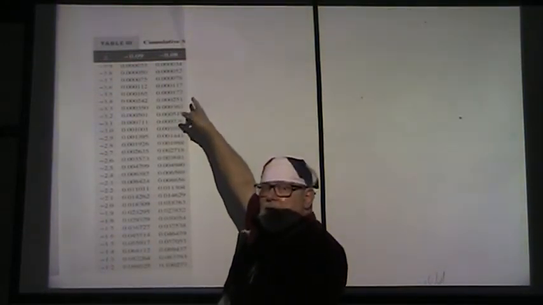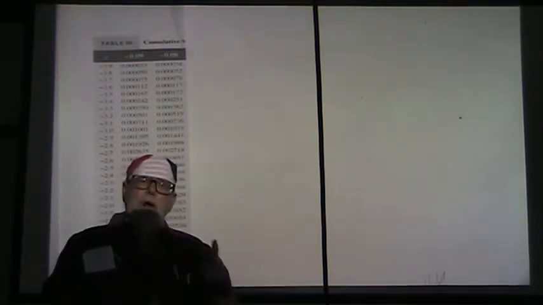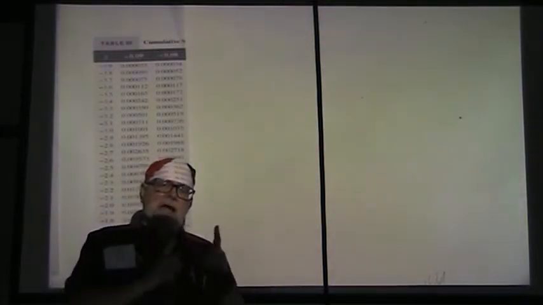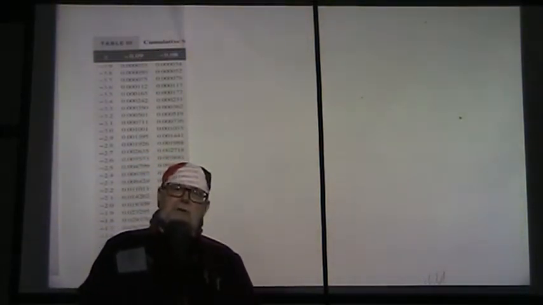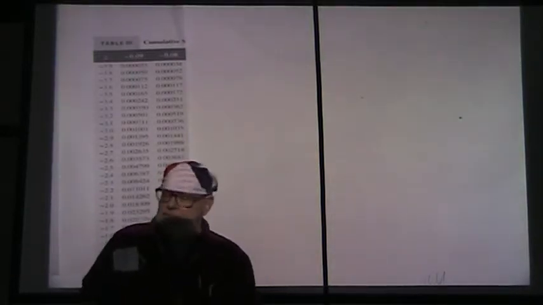I look up on the top, and it's negative 0.08. I add those together to get a negative 1.28. So that means that Z alpha divided by 2 is 1.8.